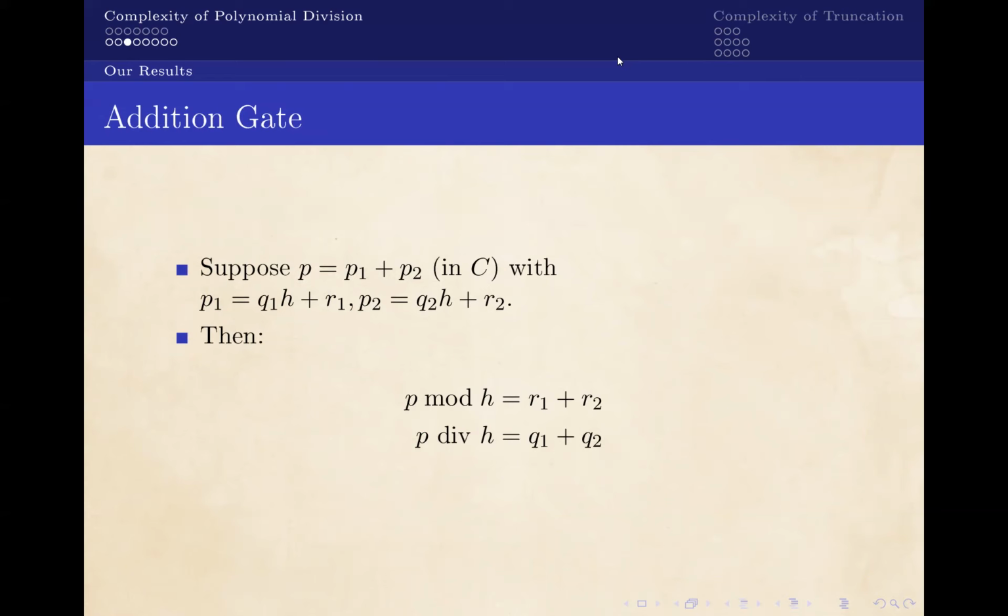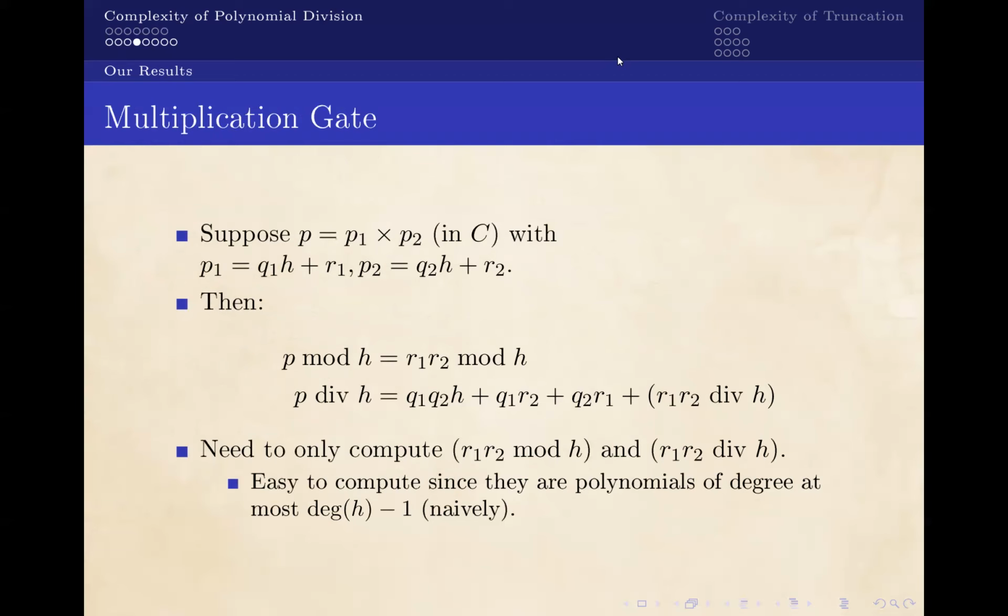So if there was an addition gate whose children were computing polynomials P1 and P2, by induction hypothesis, I already have gates in the new circuit which compute polynomials Q1, Q2, R1, R2, right? So then I can just add the remainders R1 and R2 to get the remainder for P mod H, and I can also add the quotients to get the quotient of P divided by H.